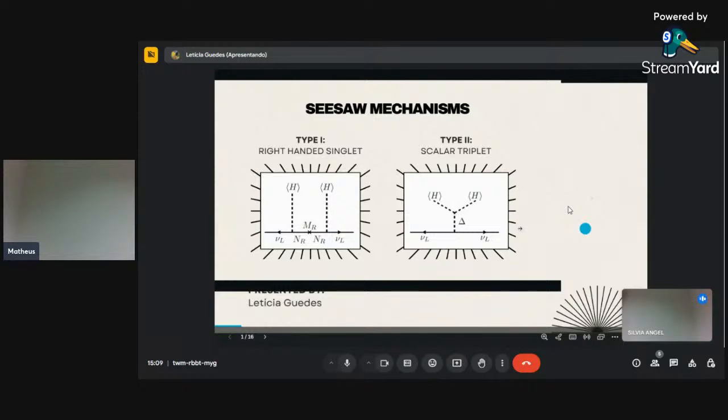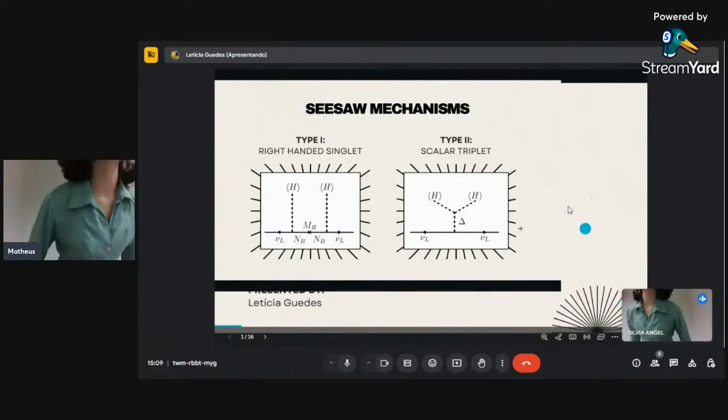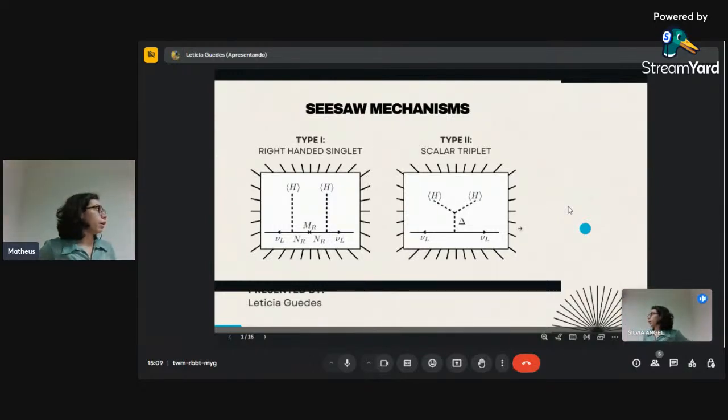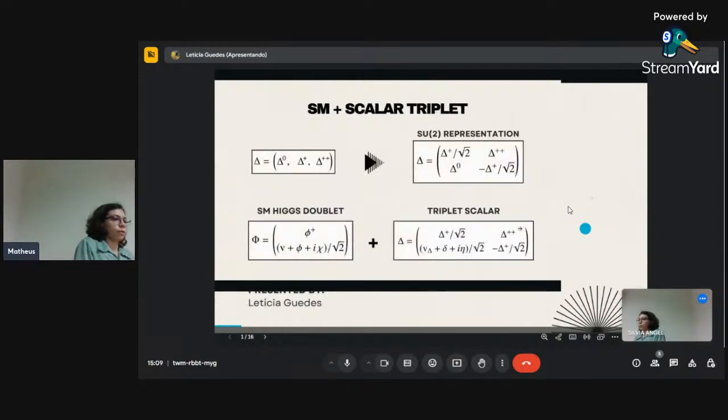So it's a model similar to the one I presented, and you can have flavor violation, but you cannot have that in the standard model. I will show in the Lagrangian that this mu is related to explicit triple interactions, and these scalar fields have lepton number.